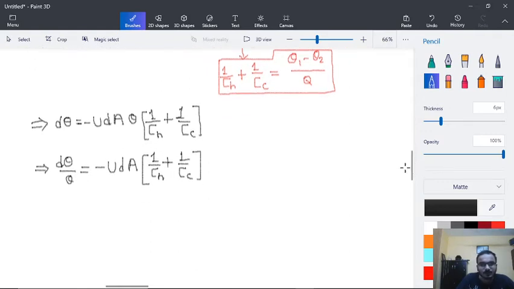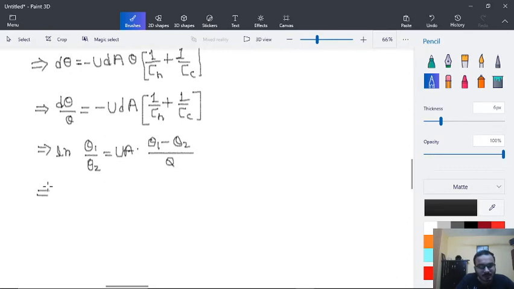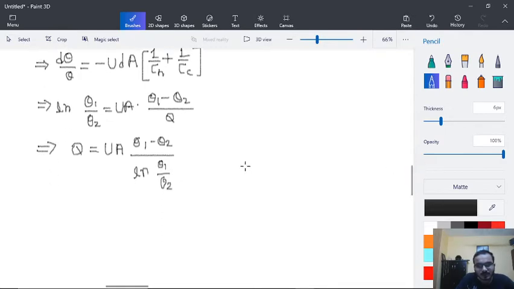So finally, the integration will give us ln theta 1 by theta 2 is equal to U into A, and instead of 1 upon Ch plus 1 upon Cc we can put theta 1 minus theta 2 over Q. So finally we are getting Q is equal to UA theta 1 minus theta 2 divided by ln theta 1 over theta 2, and this will be Q is equal to UA theta m.